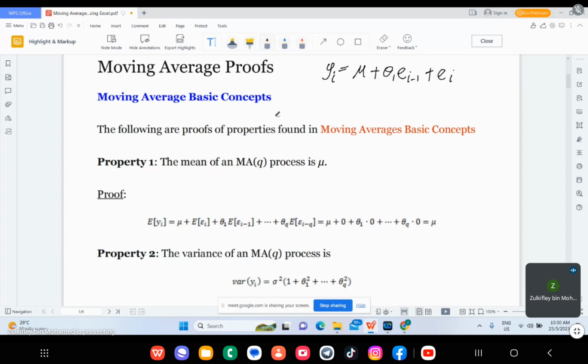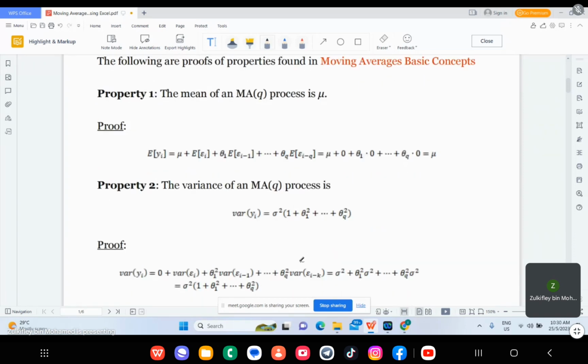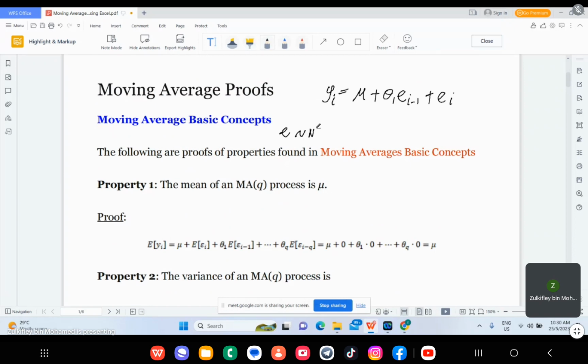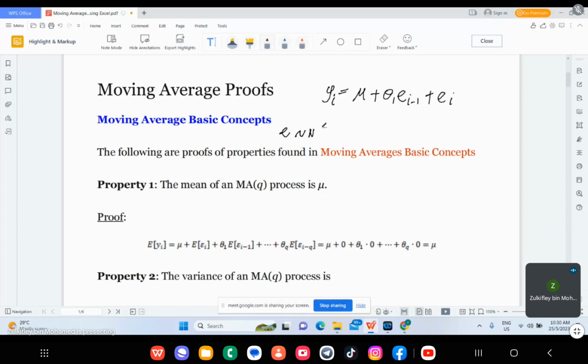By definition, the error epsilon is normally distributed with mean zero and variance sigma squared.